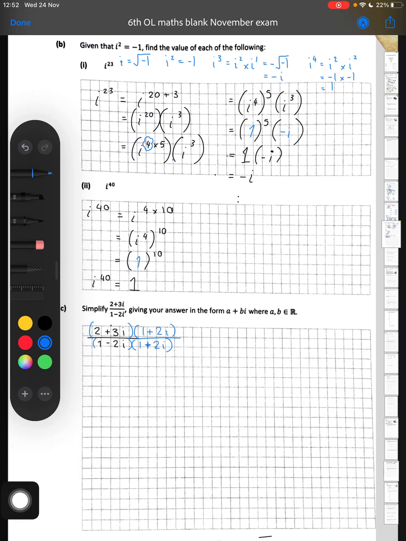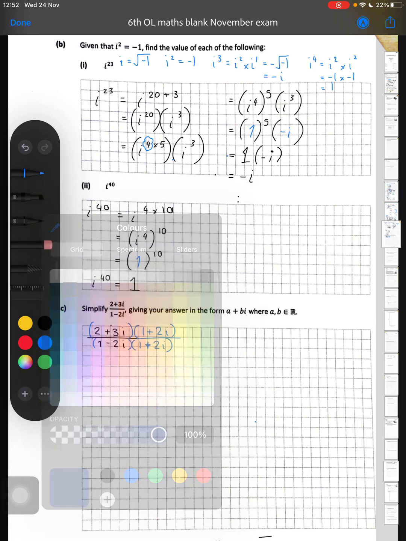So just to say why that's the case, if I had something like a half, and I said, oh, well, I want the denominator to be 6, I could multiply the bottom by 3 to get to 6, and then if I do that, I have to multiply the top by 3, and I would get 3 over 6, which was the same as what I started with, a half. Okay, so that's what I'm doing here. If I wanted to multiply the bottom by the complex conjugate, I need to multiply the top by the complex conjugate as well. Okay, so I'm going to do that out now.